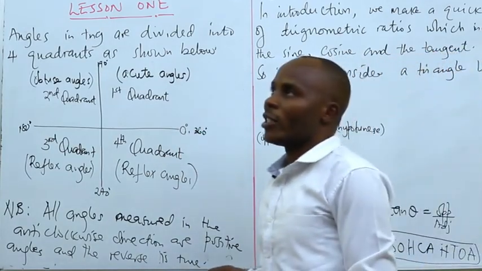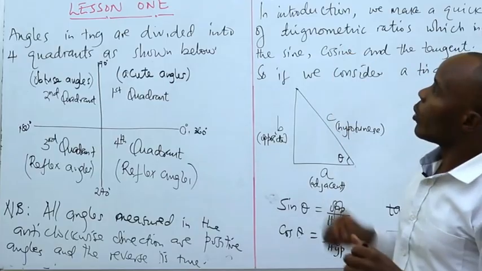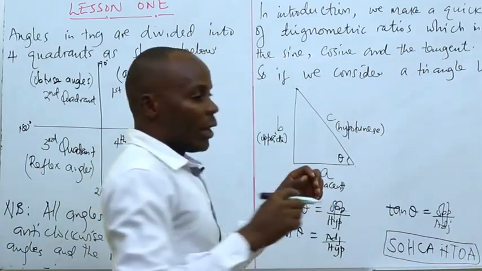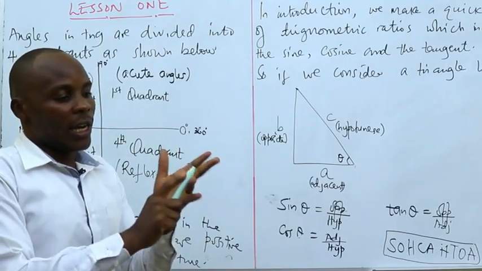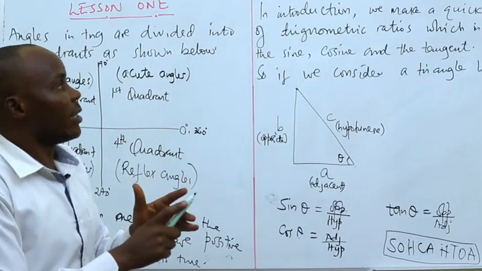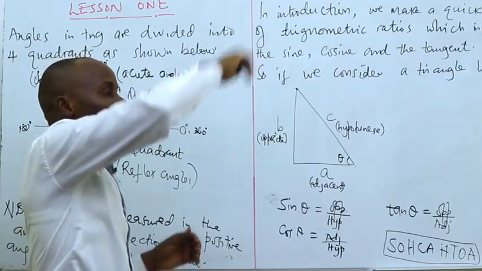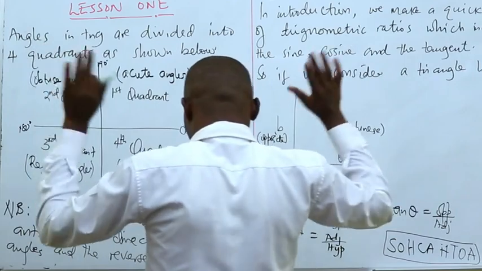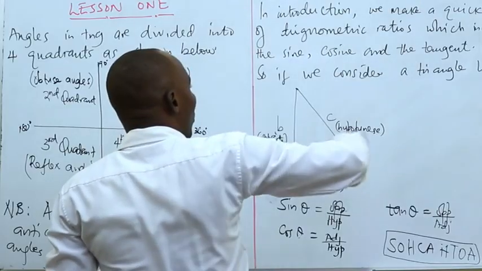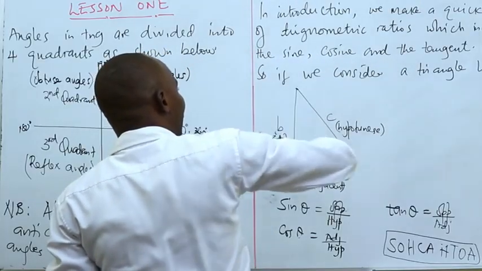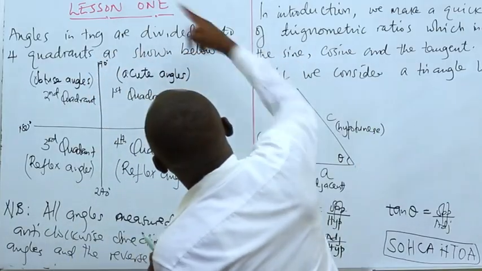When I talk of the anti-clockwise direction, you look at the wall clock. When you look at that wall clock, all the hands, that is the hour hand, the minute hand, and the second hand, they all move in one direction. If I stand facing this side of the board, all the hands take this direction in their movement. Now, the opposite of that direction would be this.